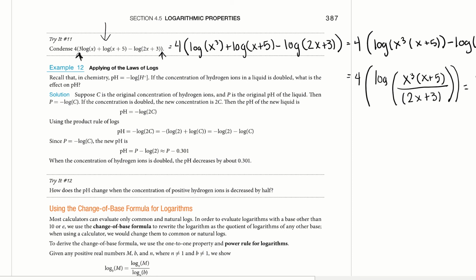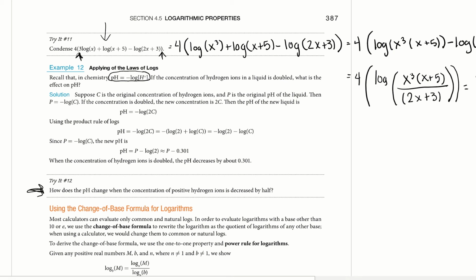Okay, so applying the laws of logs. So we're going to do pH here. That's equal to negative log of the number of hydrogen ions. So it wants to know, we'll do number 2.